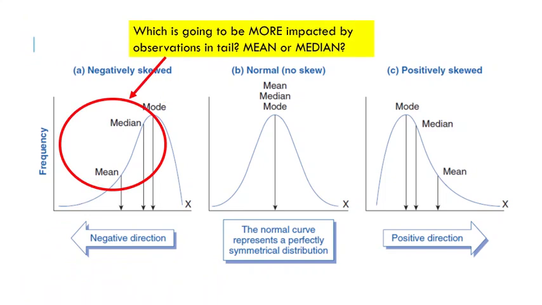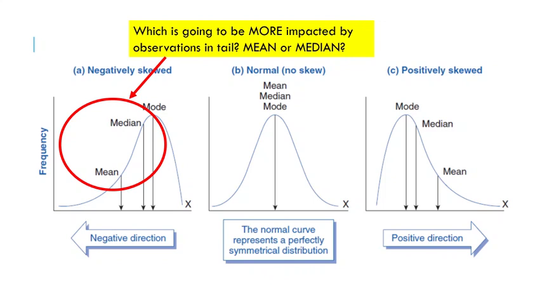So when we're looking at a skewed distribution, which is going to be more impacted by observations in that tail, right? Those skewed observations that go far off to the left, which is going to be more impacted by that, the mean or the median? So think about that for a second. In a distribution, so you have a set of data and you have data that's skewed to the left.